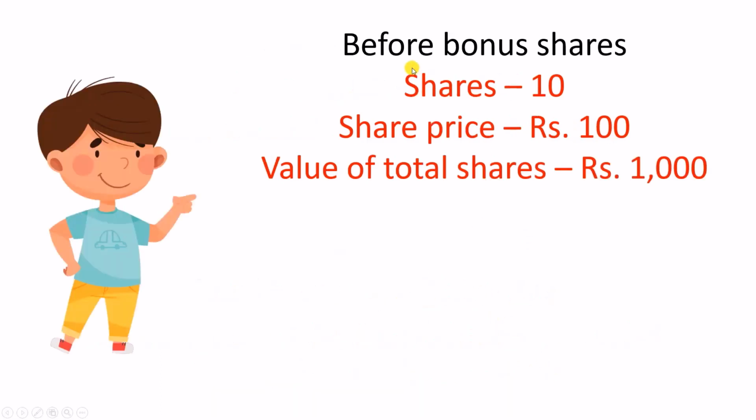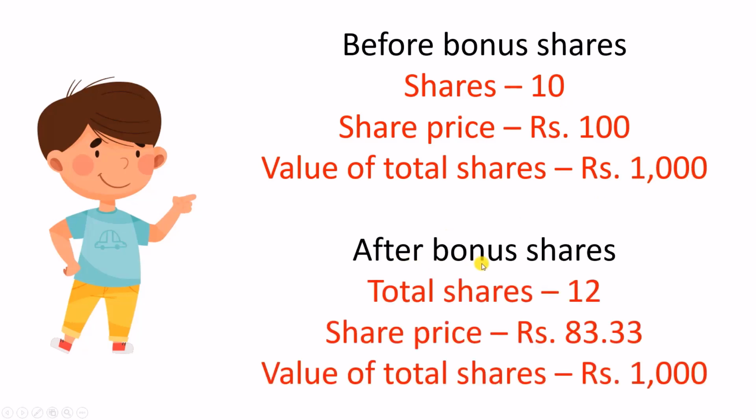Now, let me take the example of you. Before announcement of bonus shares, you had 10 shares. Price of each share was 100 rupees. So the value of total shares that you owned was 10 into 100, 1,000 rupees.